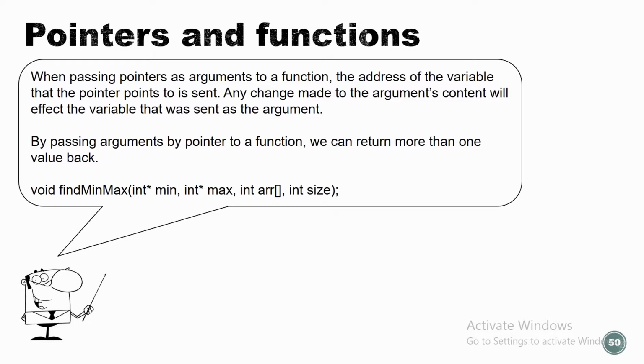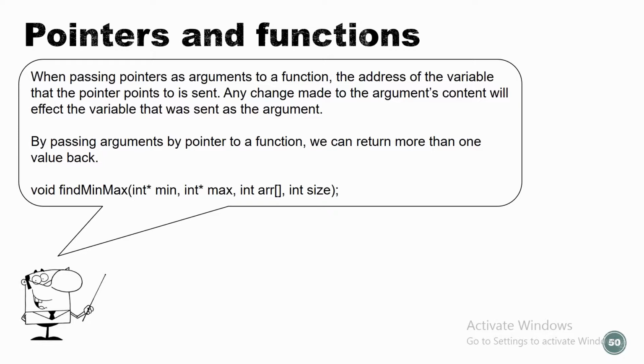What happens if we want to return two values? One way to do it is to send arguments by pointer, and those would be our return values, basically. But we're not going to send them back in a return, because whatever change we do, the function that called this function would use them as the result.